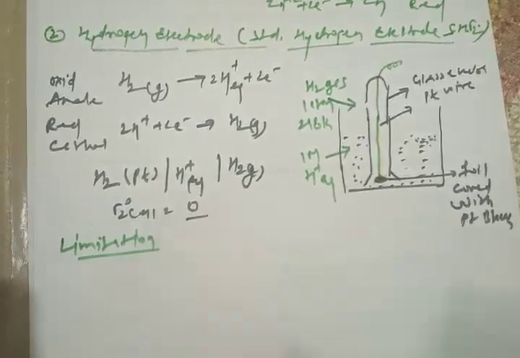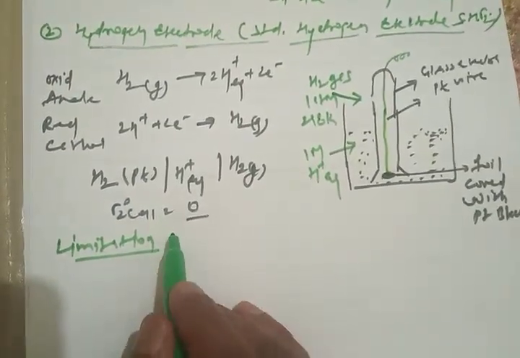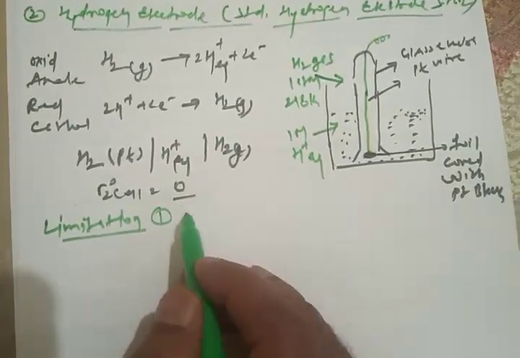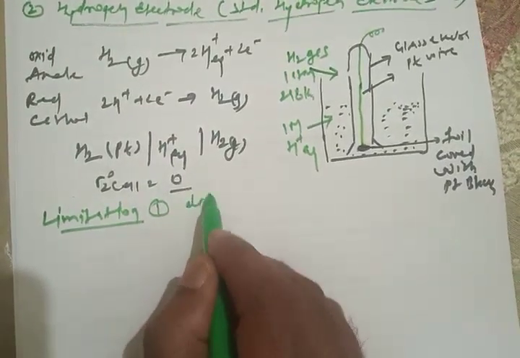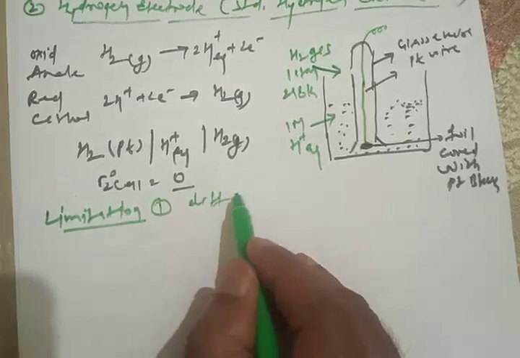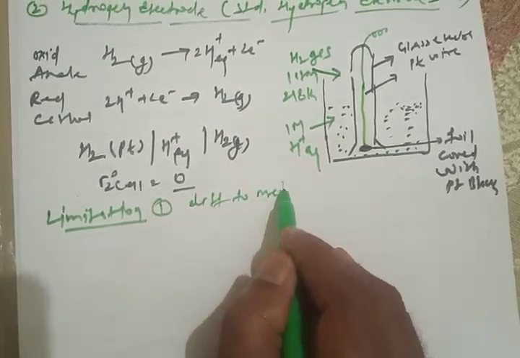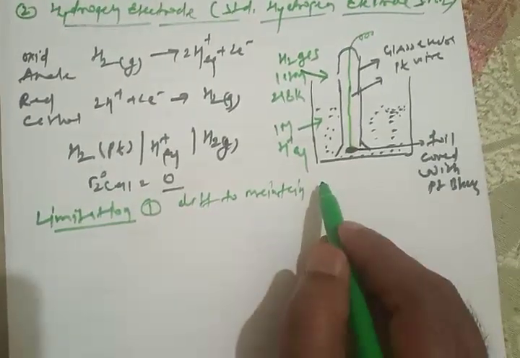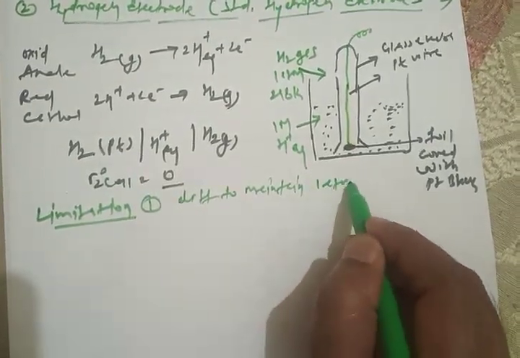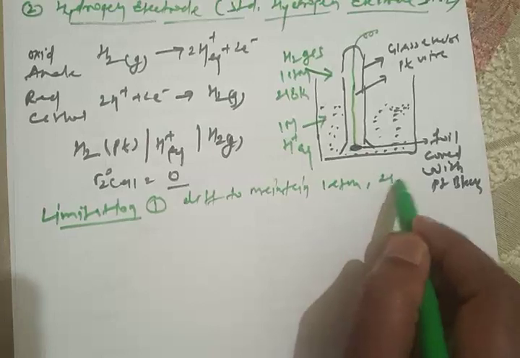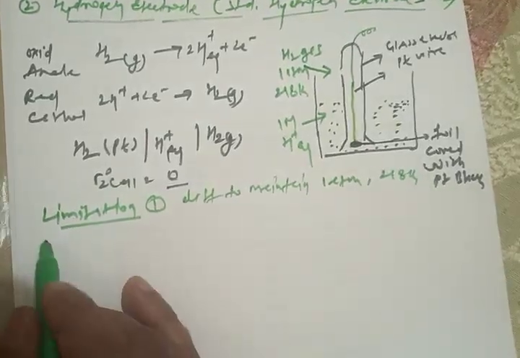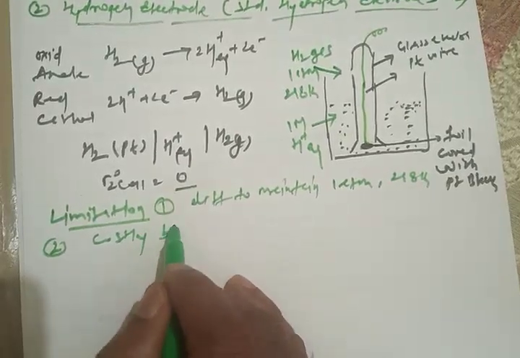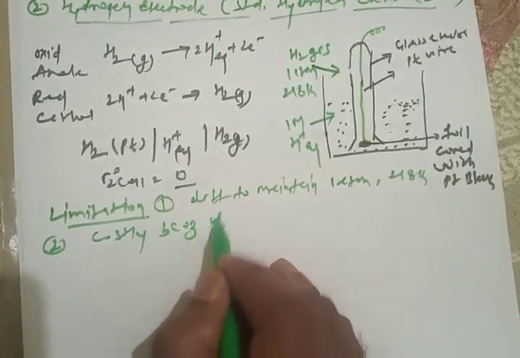What are those limitations? First limitation: it is very difficult to maintain this atmosphere of 1 atmospheric pressure and standard temperature, 298 Kelvin. Second, it is very costly because of the use of platinum wire.